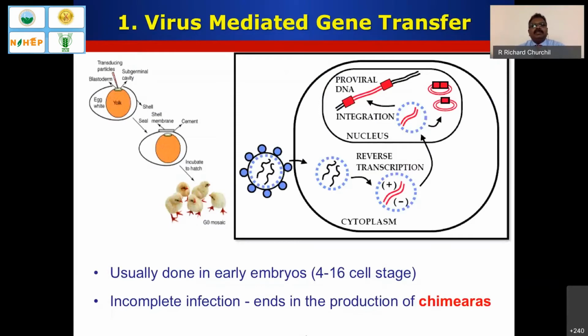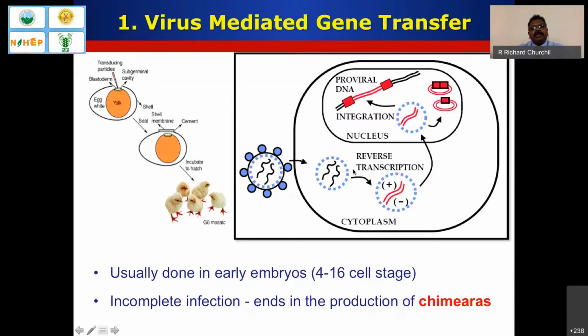The first one is the virus-mediated gene transfer. These oncogenic viruses have the ability to convert their RNA genome into DNA by the reverse transcription process, and they have the ability to integrate their genome with the host genome.